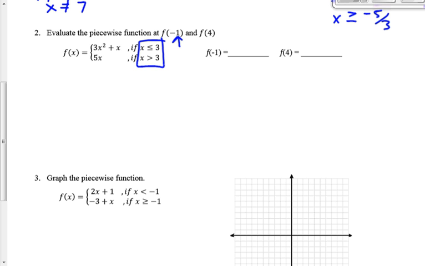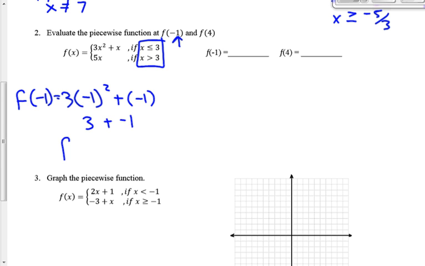If negative 1 is less than 3, we're going to use the first expression. And so we take 3 times negative 1 squared plus negative 1, and that is our f of negative 1. So negative 1 squared is positive 1 times 3 is going to give us 3 plus a negative 1, which is going to give us an answer of 2.